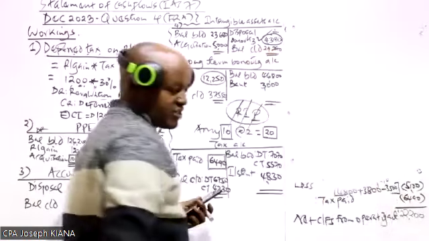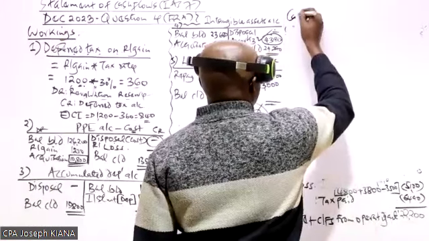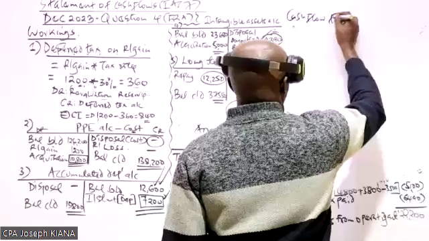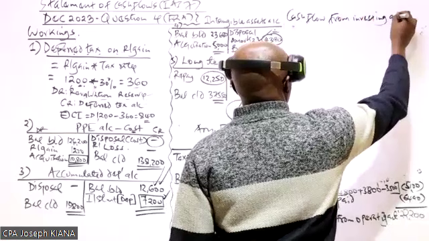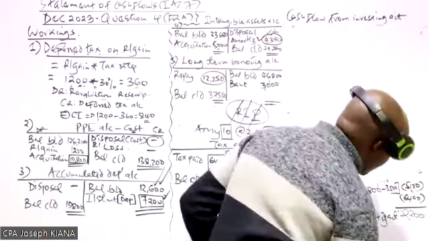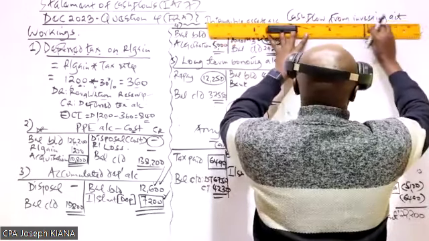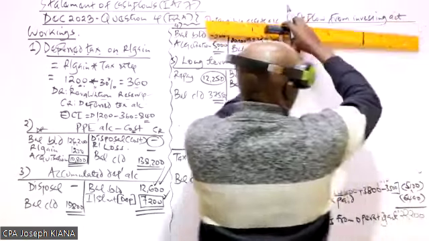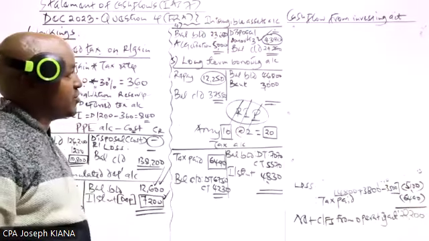Cash flows from investing activities. Investing activities are about the assets which were acquired and the assets which were disposed.